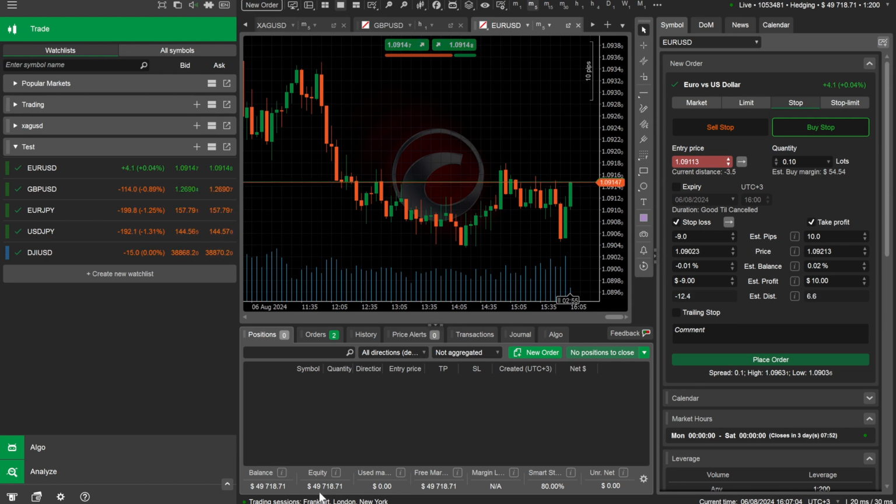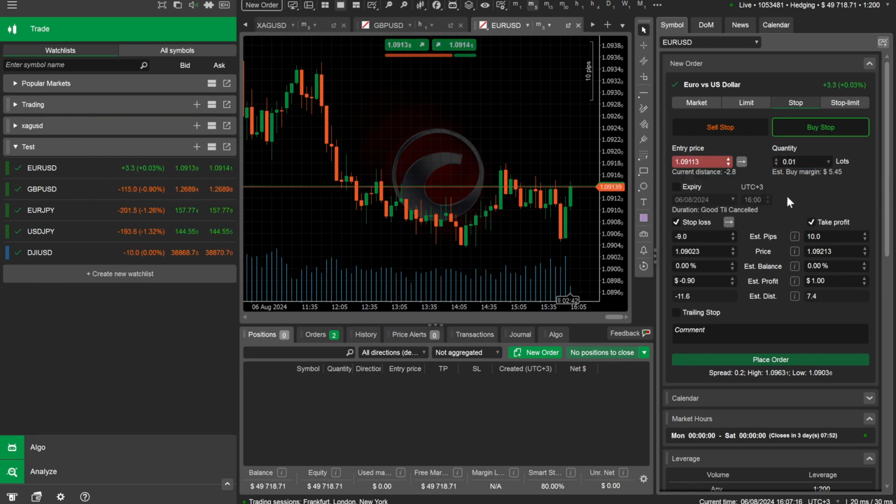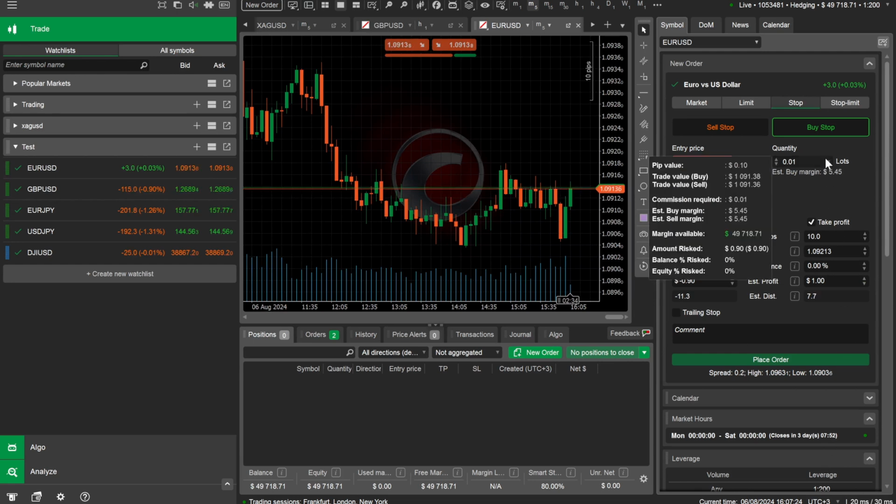Now, if I open a trade right now, let's open one for test. You can see here, I need a margin of $5.45 because I have 1 to 200 leverage.